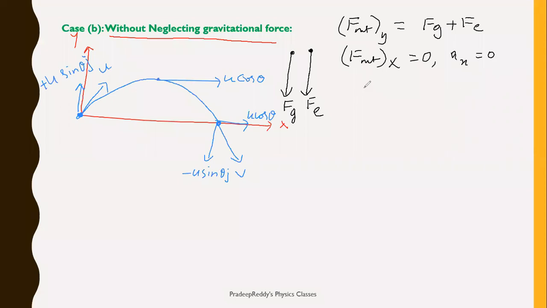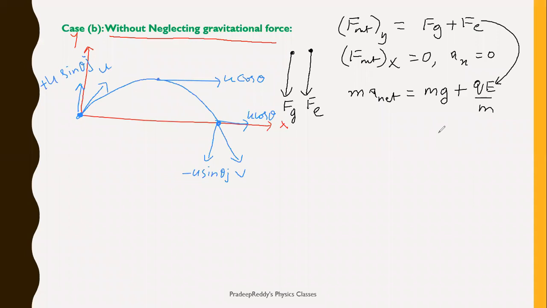Now, what about acceleration along the y direction? F net is equal to ma. m into a net is equal to Fg, which is m into acceleration due to gravity, plus Fe, which is QE. Sorry, here this m should not be there on Fe.